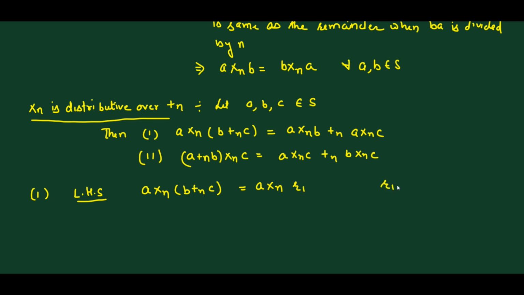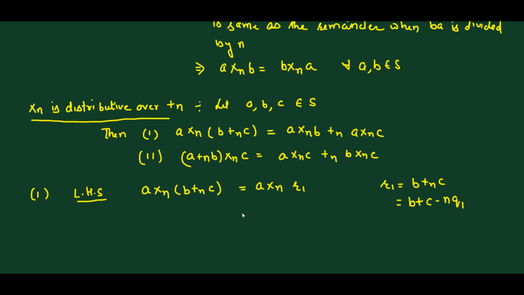So what is R1? R1 is the remainder when B plus C is divided by N. Suppose Q1 is the quotient. So you can write R1 as B plus C minus NQ1.